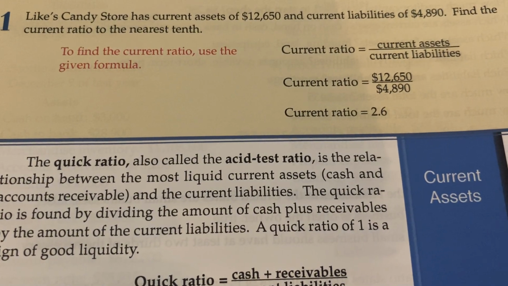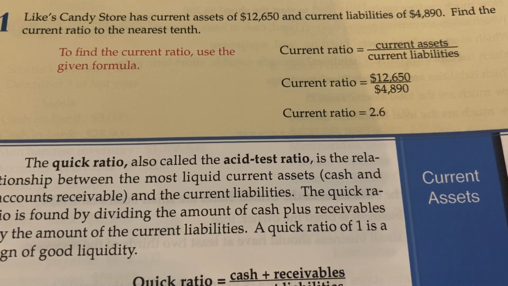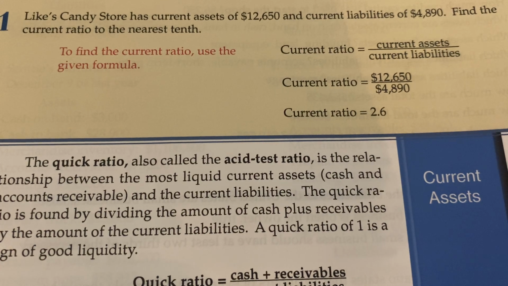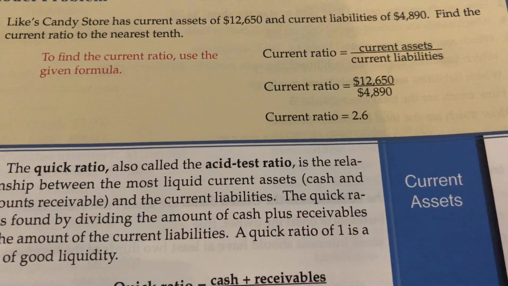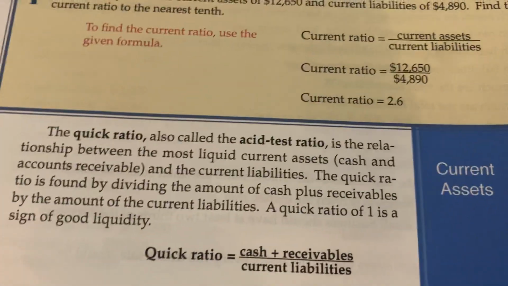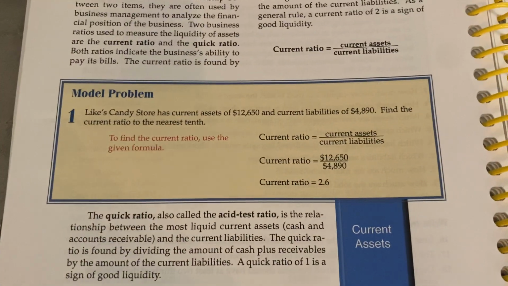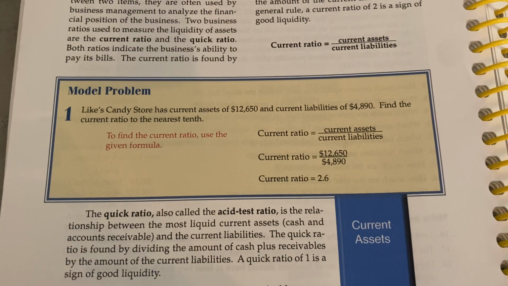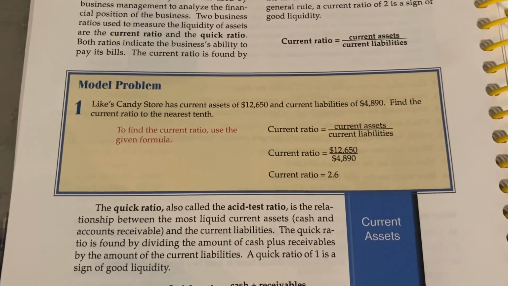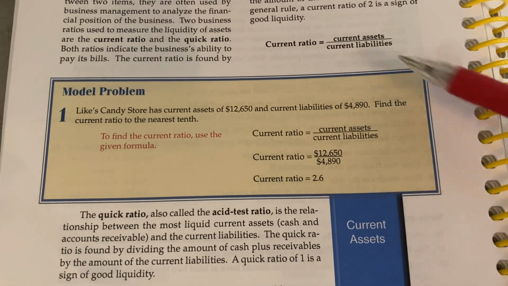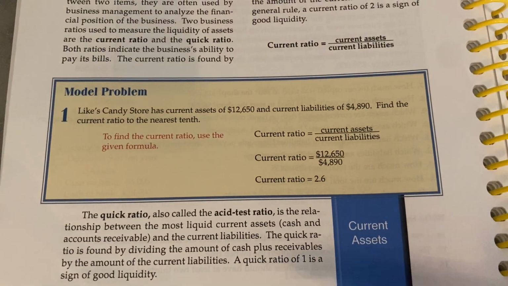A quick ratio of 1 is a sign of being good and liquid. That means if you have at least 1, you're okay. If you're taking all of the current assets together for the current ratio, it should be at least 2. So the current ratio should be at least 2, and the quick ratio should be at least 1.